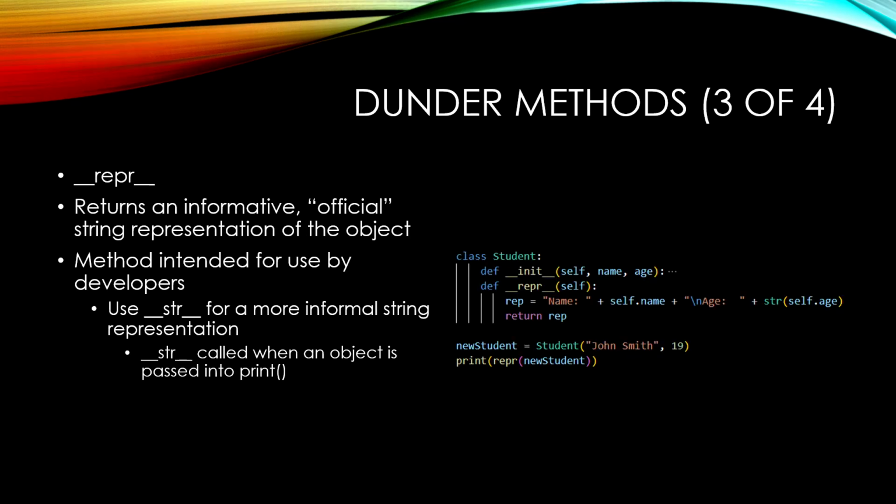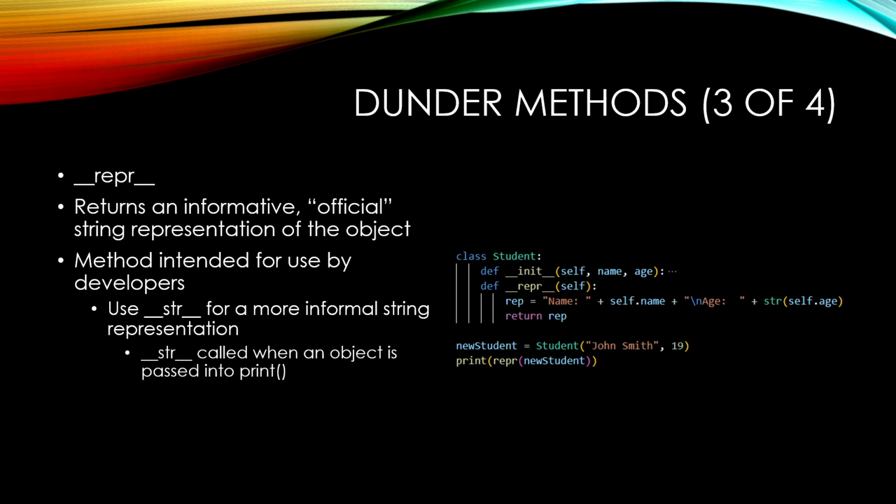Dunder repr, on the other hand, returns a more official, more programmatic stringification of an object. Here you can see a not too great example of it. This would be more akin to something you would use in the dunder string method. This is more of a human-readable, colloquial type of thing. And that's more the territory of dunder string than dunder repr, although I have seen people use these two interchangeably.